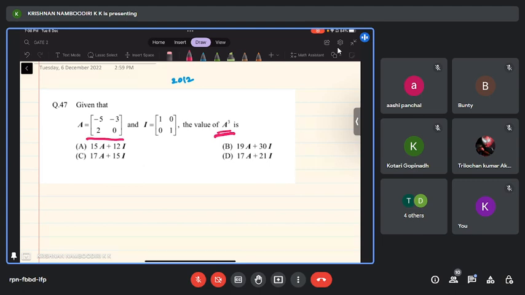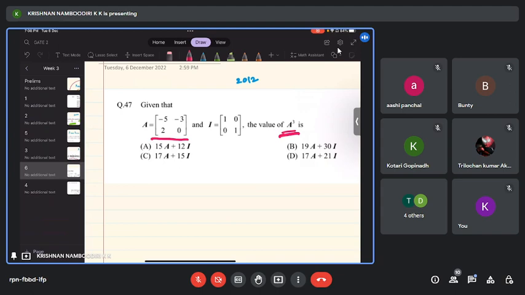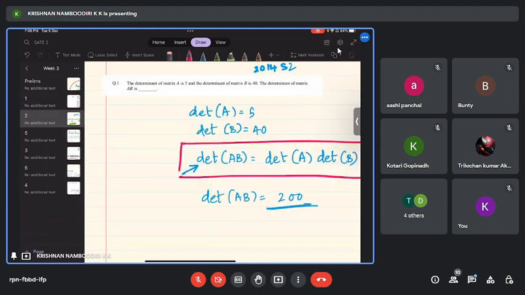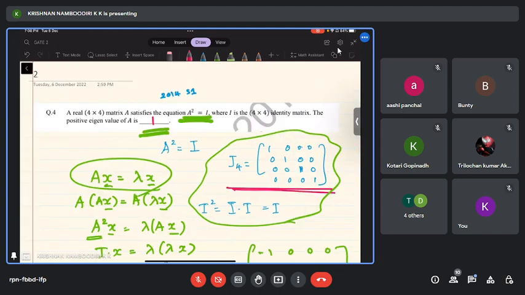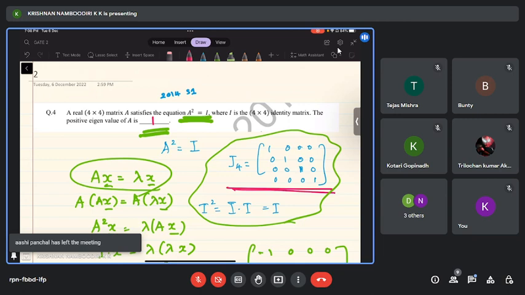Any questions from any of the 5 or 6 questions that we had done today? If not, we will wind up the session and we will meet again next Tuesday. Next Tuesday, I'm asked to do some questions related with probability theory.